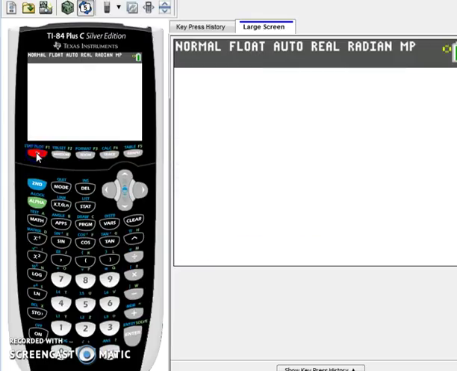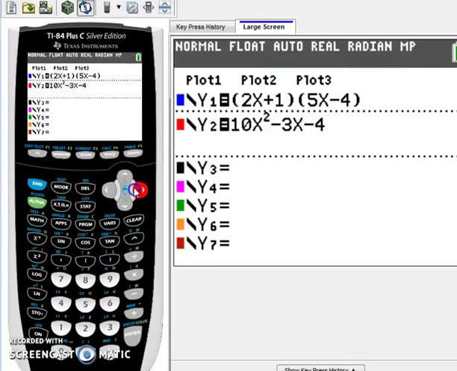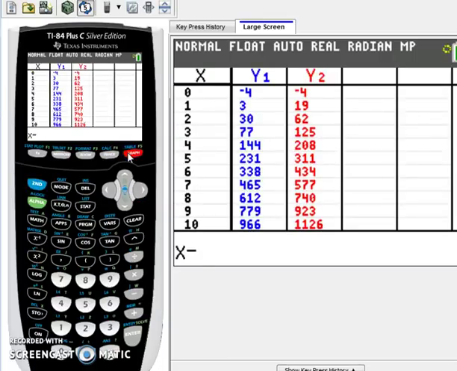If I picked a different option, so for example, option J was 10x squared plus 13x. So if I change this to plus 13x minus 4, and I go to the table, these values don't match, so I can tell that's wrong.